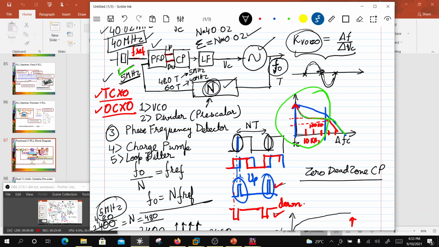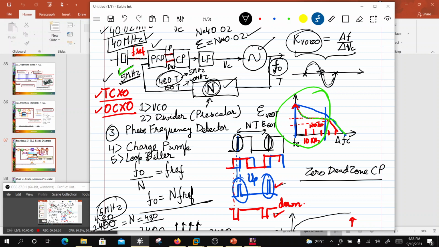If I spend 480T, it will fall off more, so that error will accumulate more over 480T, and the same error over 60T would be much smaller, right?